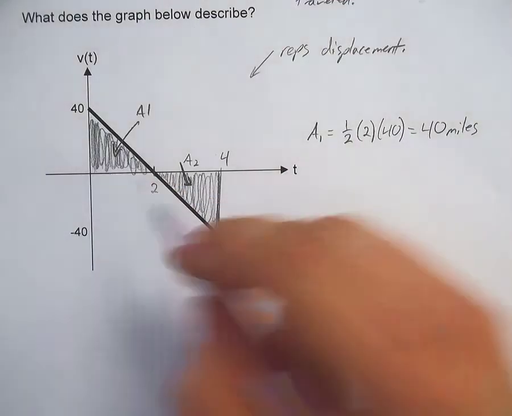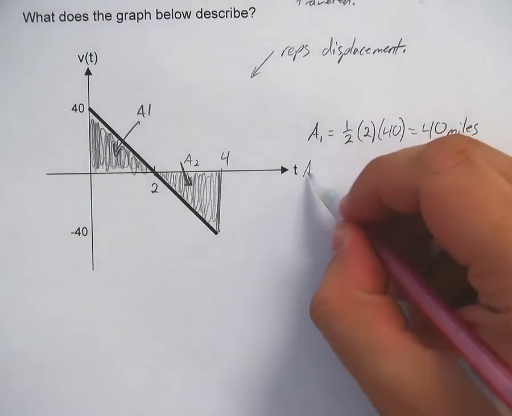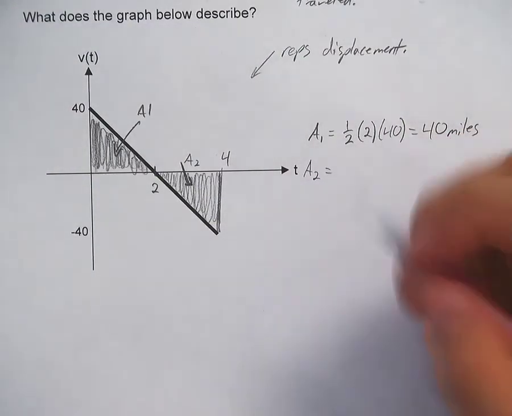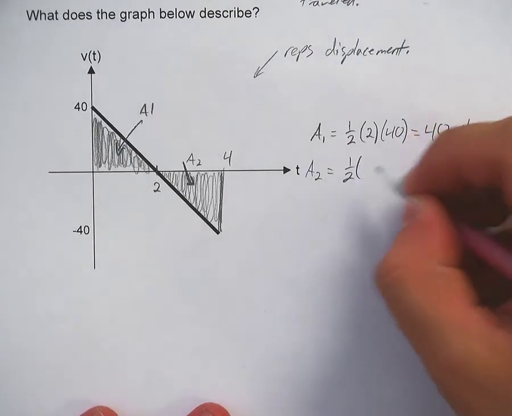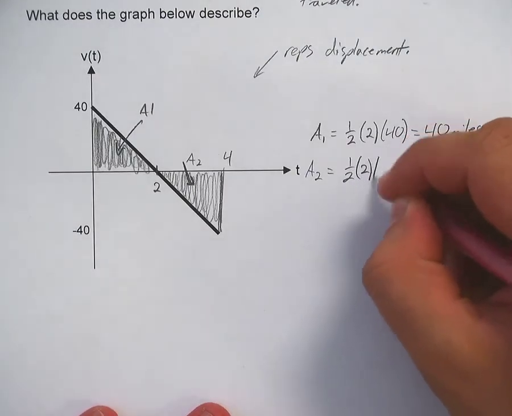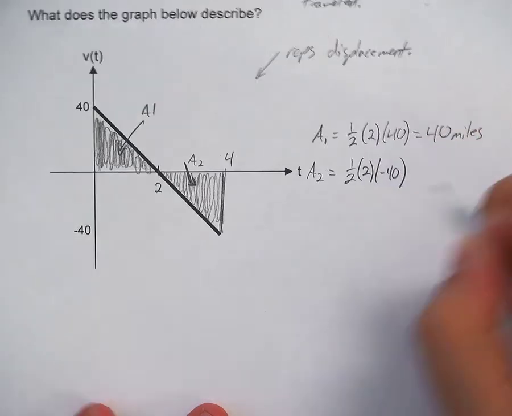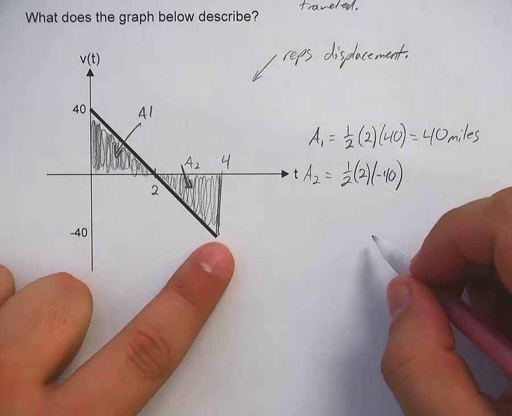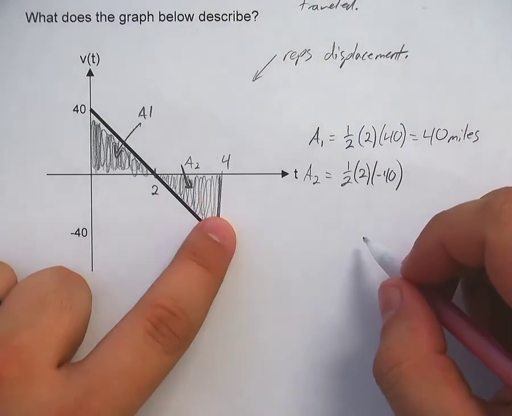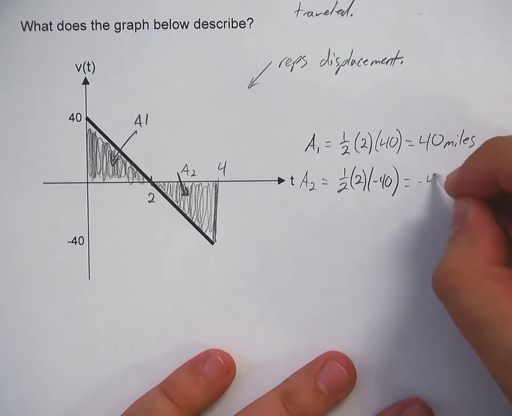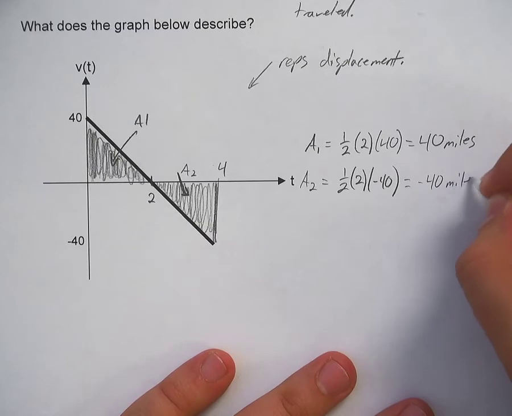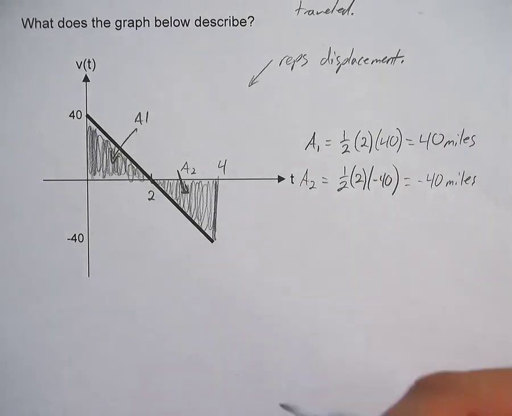So you've gone 40 miles one way, and then 40 miles the other way, right? 1/2, 2, and negative 40, since you're down here, over 2, down 40, well, that's going to be negative 40 miles. If you're talking about distance, then you're just an average of 40, right?